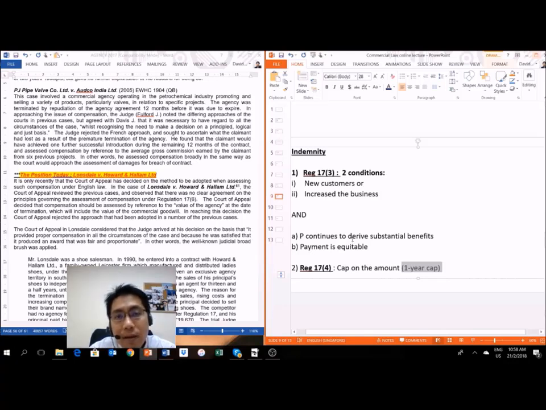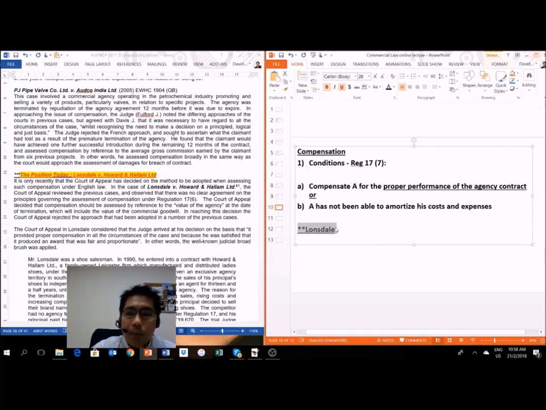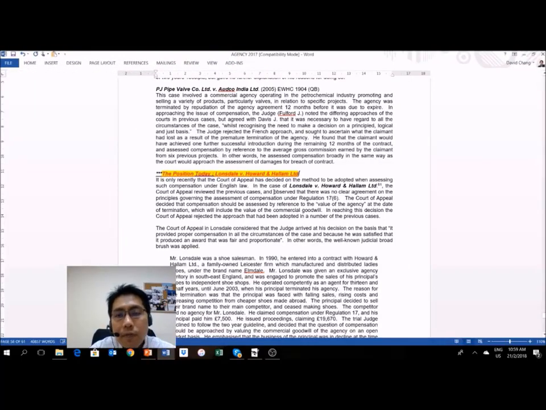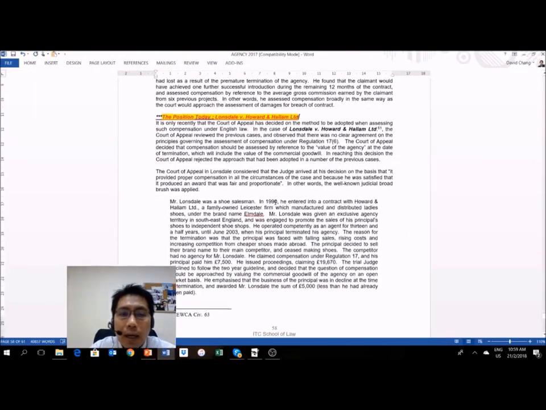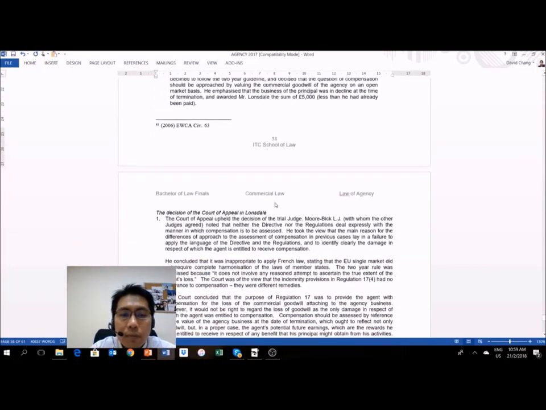And so as a result, we have had numerous cases. And so the case that we have to clarify how much to get is this case of Lonsdale. That's why I put this case as important, and as 3-star, under compensation, right? And if you look now at the case of Lonsdale, in the last few pages of the notes, this concerns a shoe salesman who was a commercial agent.